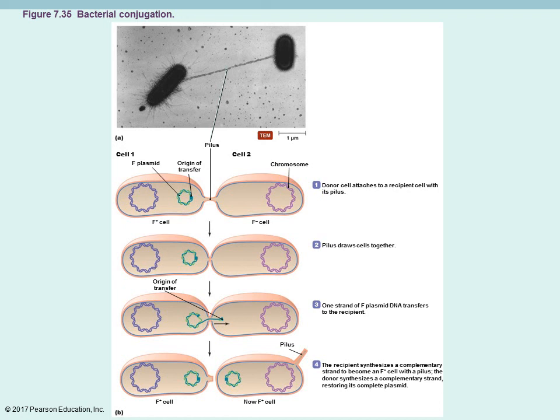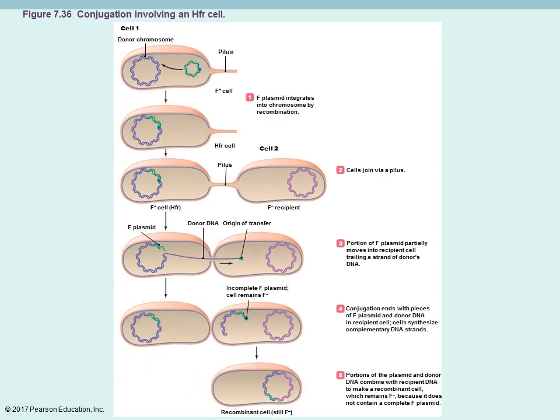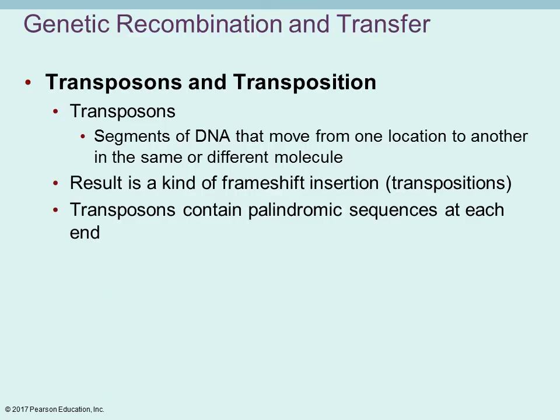Well, by the time it gets to the very bottom, now cell 2 also has resistance. So there are just different ways that this can occur as seen here. Just know, once again, the differences between those three methods of transferring DNA that increase genetic diversity for prokaryotes.